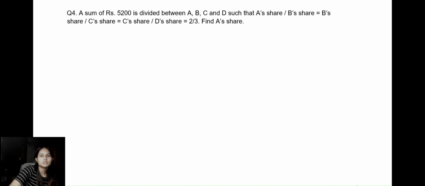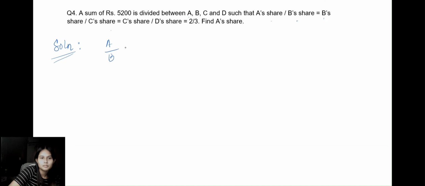Coming to the sum of 5200 is divided among 4 people such that A's share by B's share equals B's share by C's share equals C's share by D's share is 2 by 3. Find A's share. Okay. Now what is given?